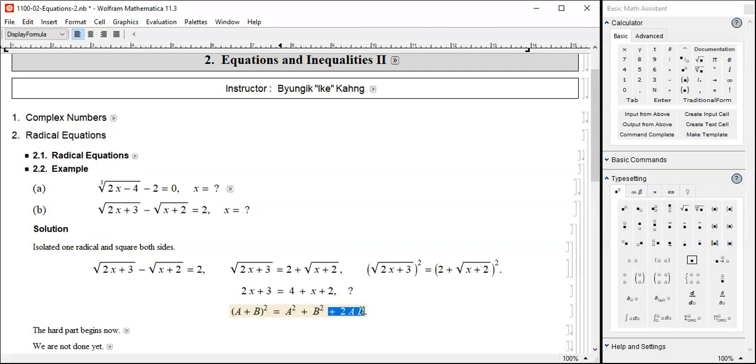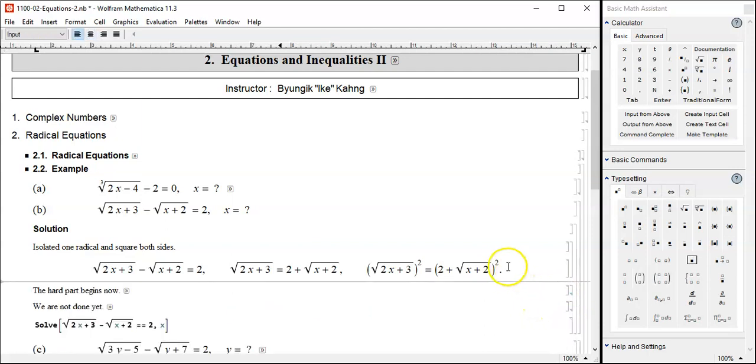So you cannot remove 2 radicals in the same process. You need a 2-step process. Take the square of both sides. You can remove this radical, okay, but the other radical will not go away. The hard part begins now.